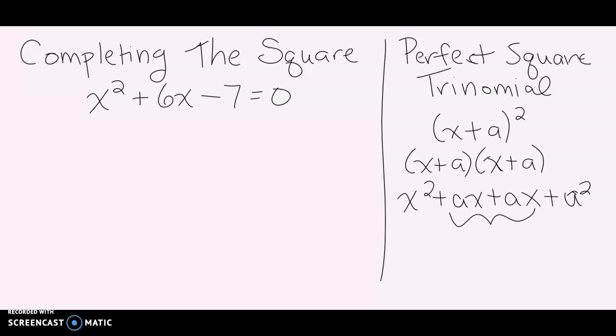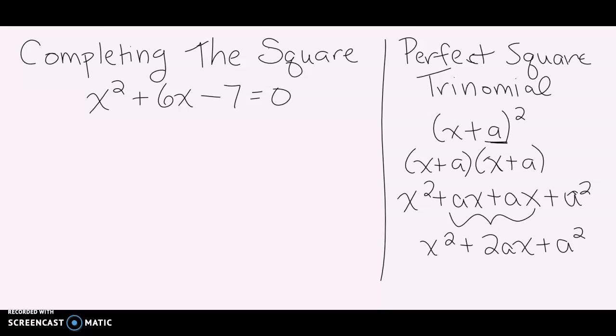These two middle terms can combine to give me 2ax plus a squared. Okay, so in other words, what ends up happening is that the a here is being multiplied by 2. Okay, and that's important whenever we're completing the square.